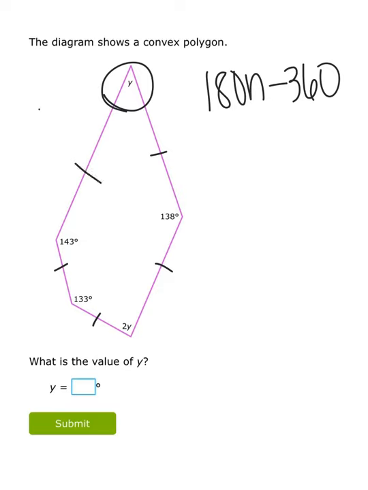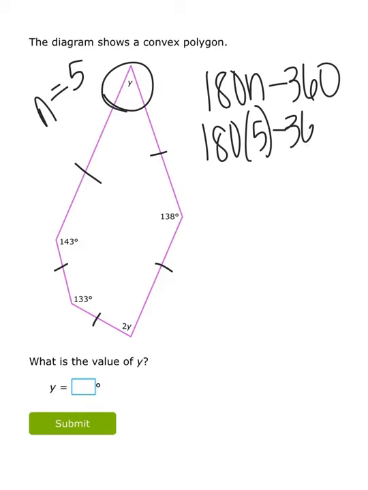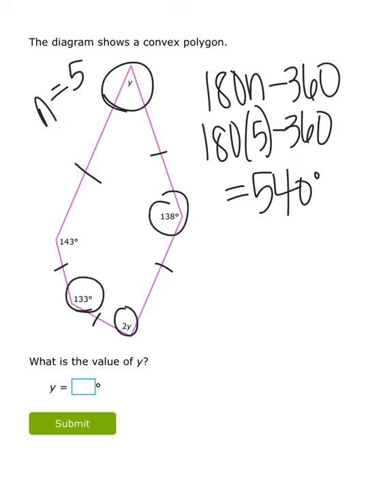So I know that my n equals 5 because this polygon has 5 sides. So I'm going to plug that into my formula. 180 times 5 minus 360 gives me 540 degrees. So that tells me all of these interior angles have to add up to 540 degrees.